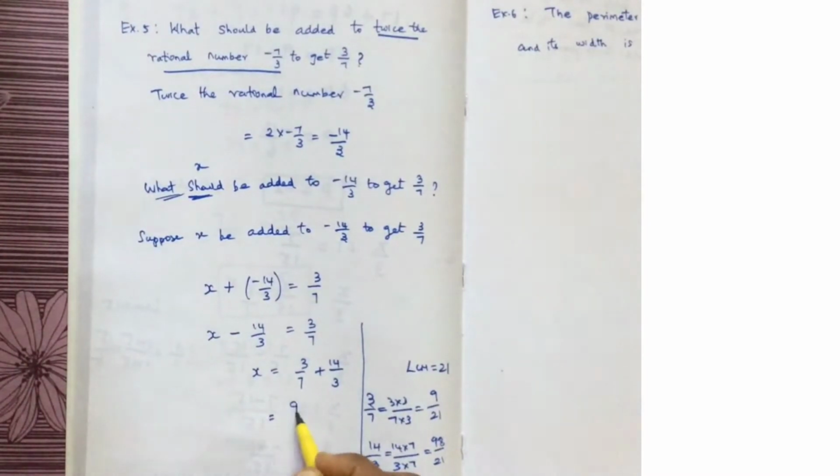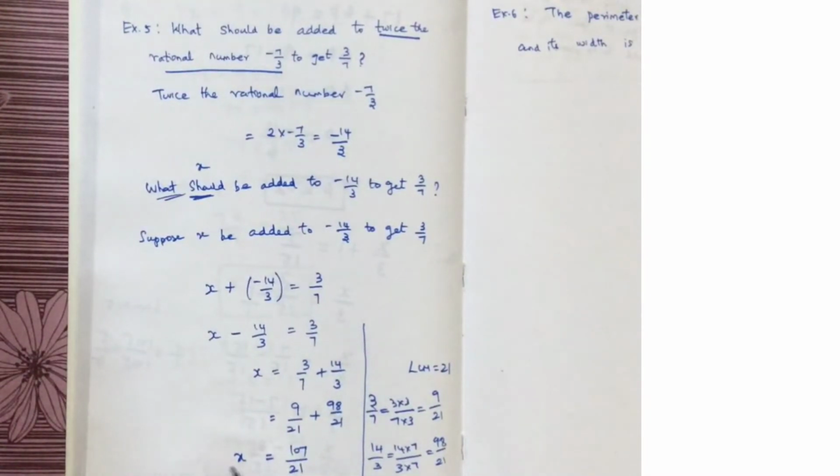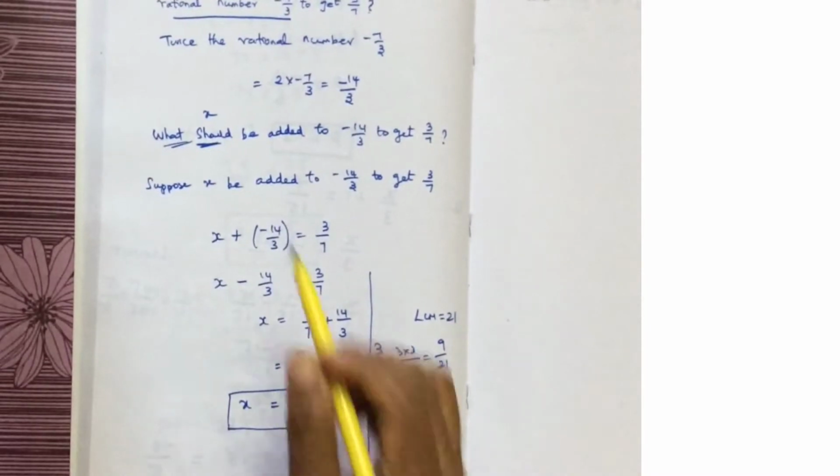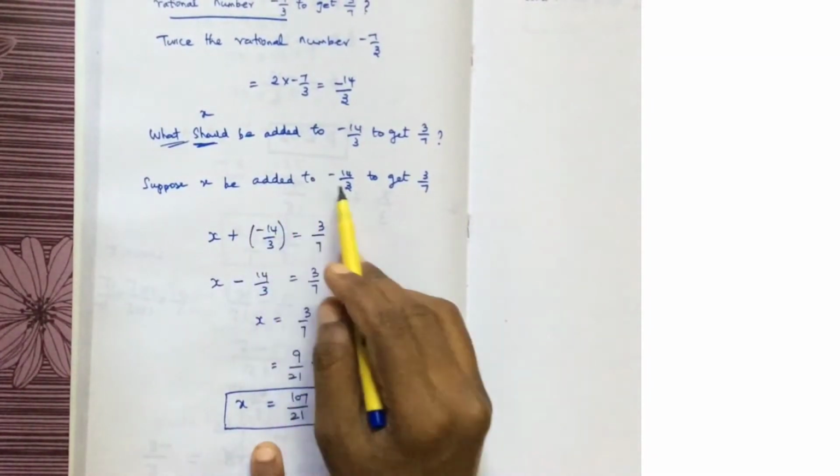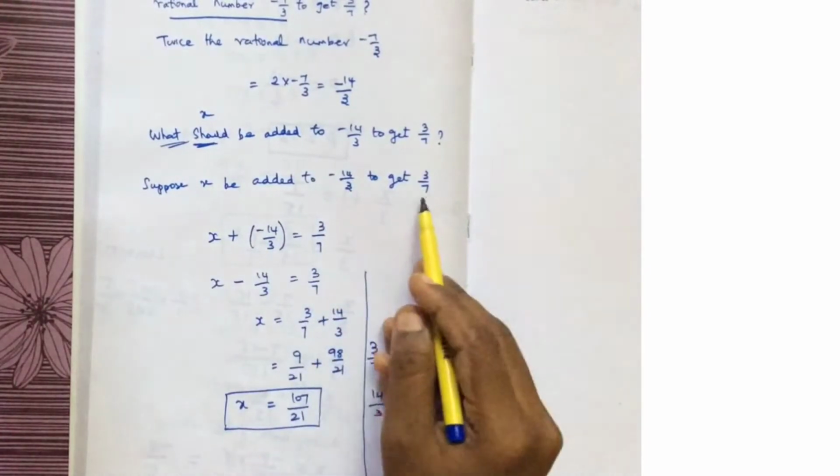So here 9 plus 98 divided by 21. X equals 107 by 21. Now we got x. So x is added to minus 14 by 3 to get 3 by 7.